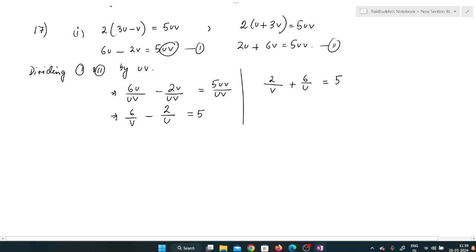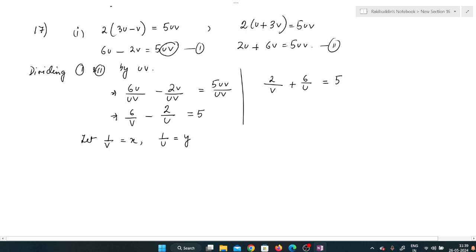So now what you can do, you need to go to your original concept, the previous. So what you will do, let 1 by v be equal to, take anything, take x, and 1 by u equals to take y.